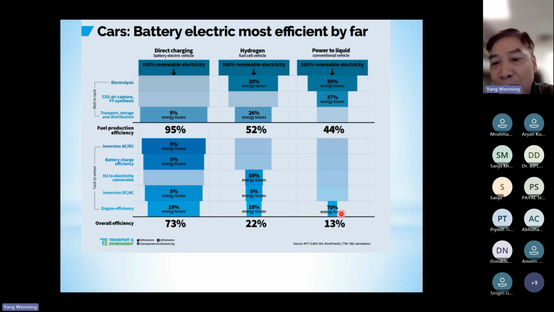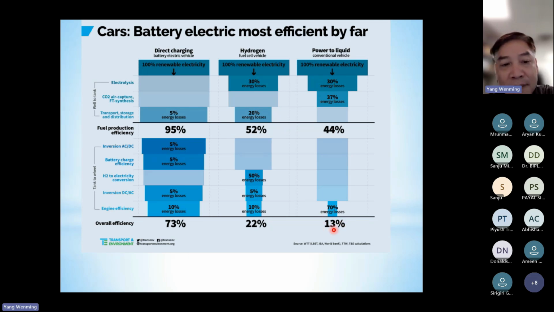This is for a gasoline engine, whose efficiency is 30%, correct? For diesel engines, it is 45%. So 44% times 30%, and you find the overall efficiency is about 13%.